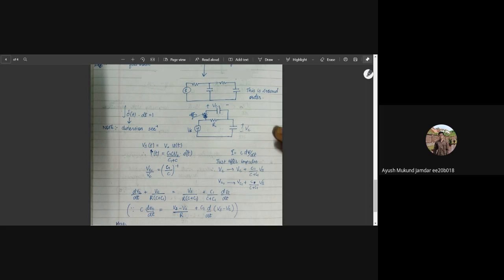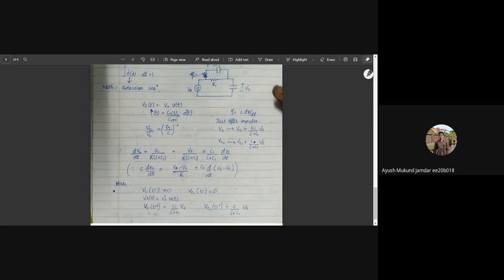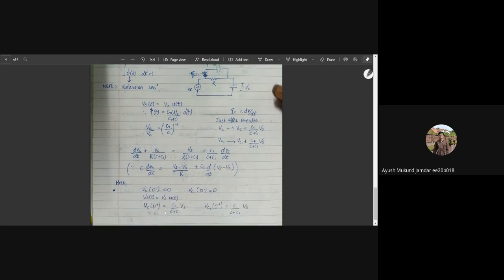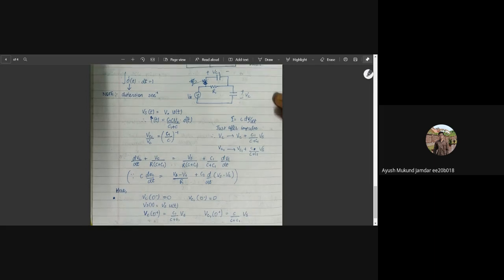So V1 C1 equals V2 C2. And given this, we have voltage distributed across them as C1 by C plus C1, where C and C1 were the capacitances, times Vs for the C capacitor, and for the C1 capacitor it should be C by C plus C1 times Vs.